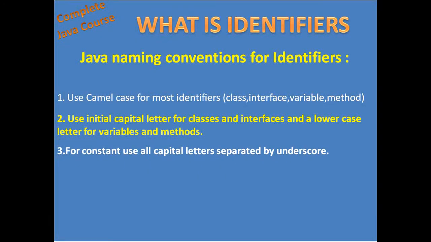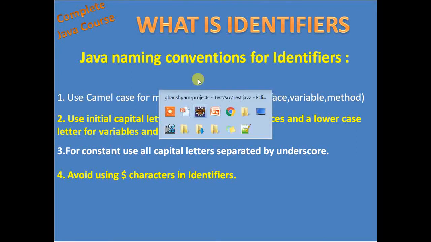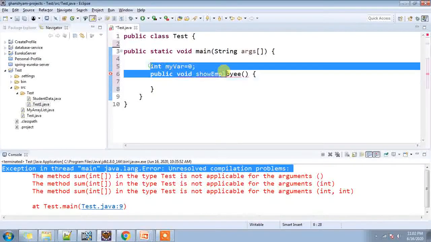Okay, now let's discuss the next point. For constants, use all capital letters separated by underscore. So how do you define a constant?